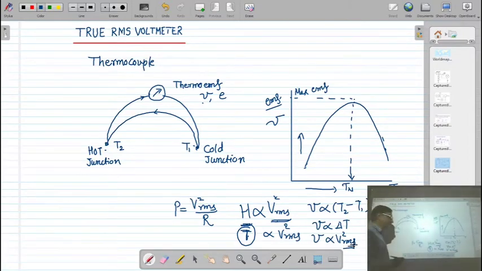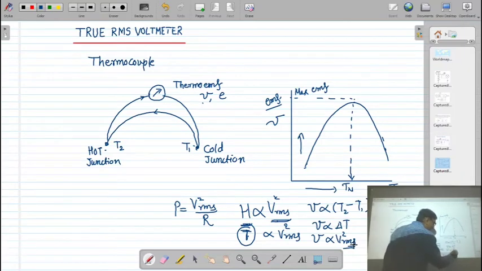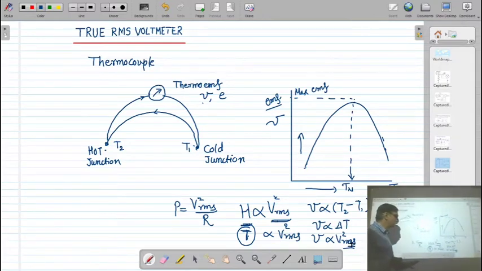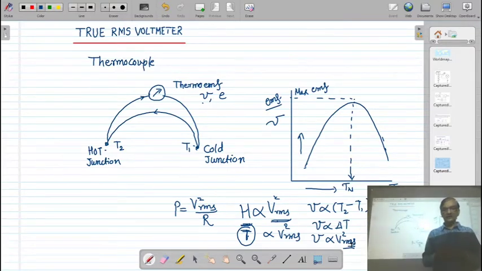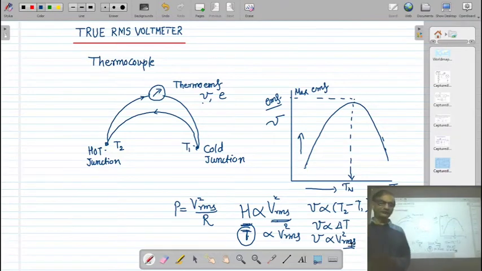Instead of measuring the RMS value of your complex signal directly, you can measure the EMF of the thermocouple and calibrate this voltage in terms of RMS. Whatever EMF is produced will be independent of the shape of the signal. This is the basic principle of a true RMS voltmeter, where we are using a thermocouple.